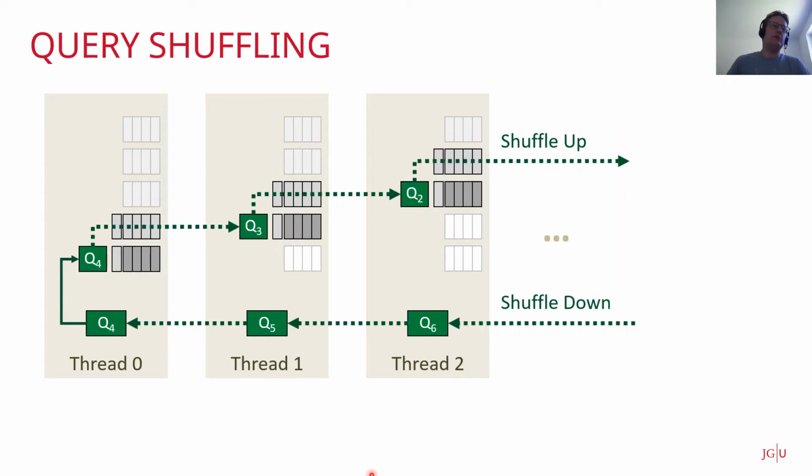And in all iterations between these global loads, we can use these additional registers to shuffle down query characters so that the leftmost thread can obtain a new query character, which itself, of course, shuffles up its old query character to the next thread.